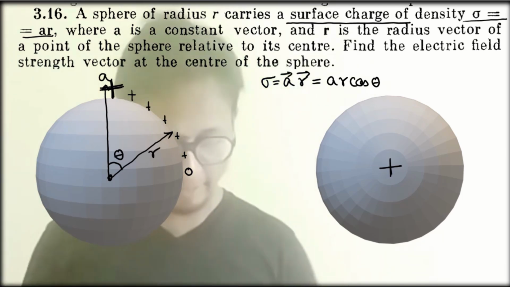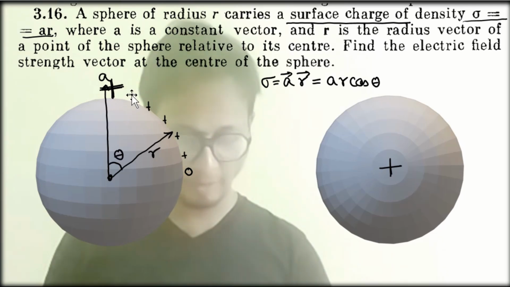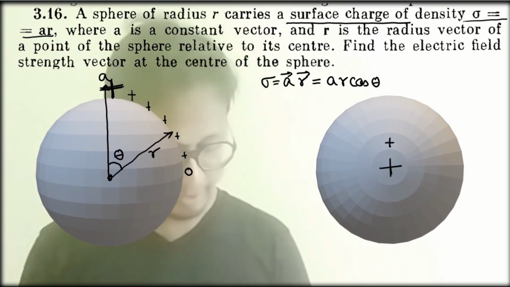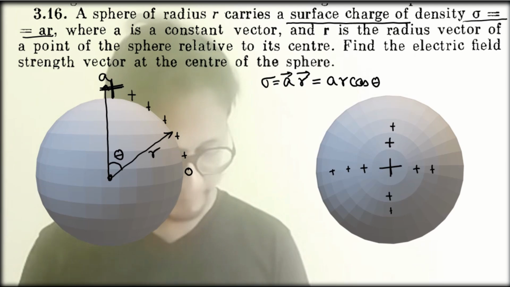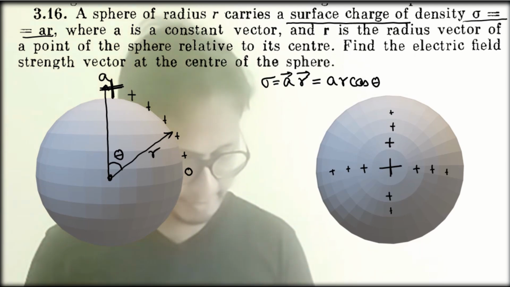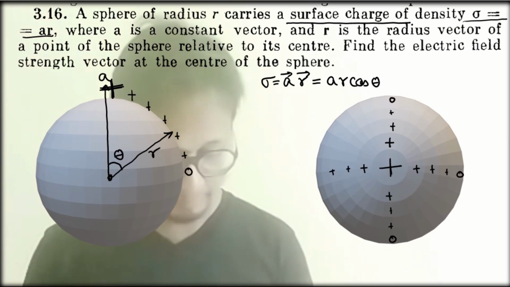As I increase the value of theta, the charge density gets reduced and reduced. Out here very little charge density, and at theta equal to 90, our charge density will be 0.